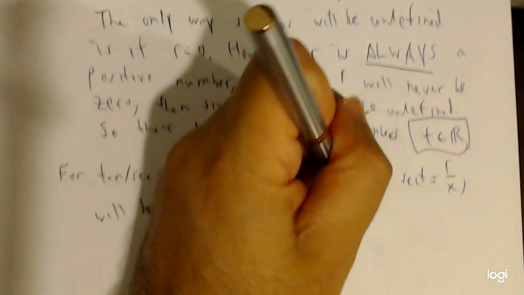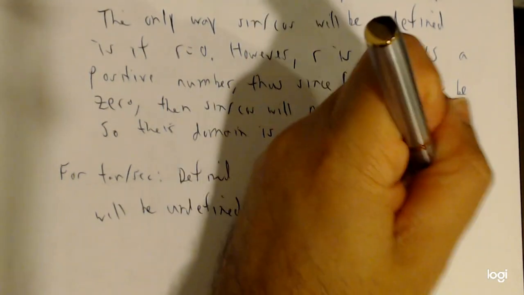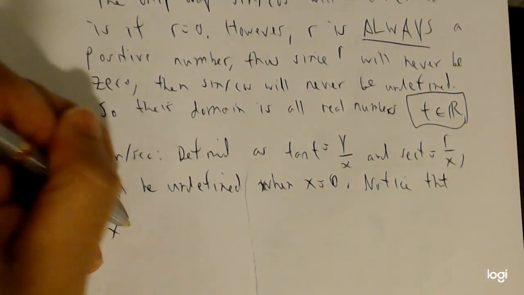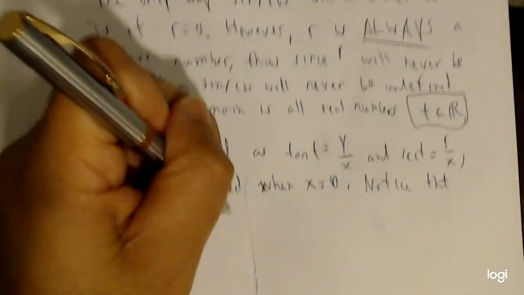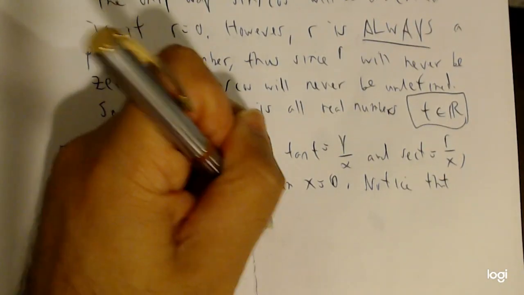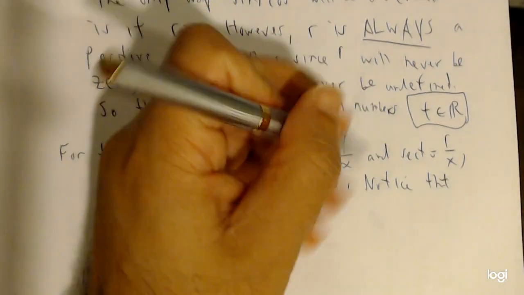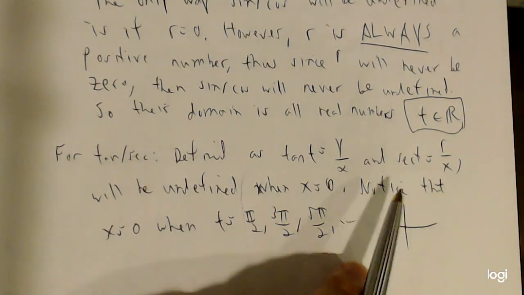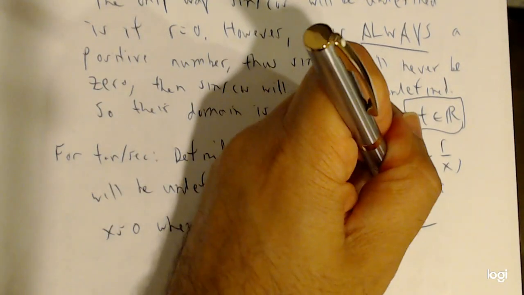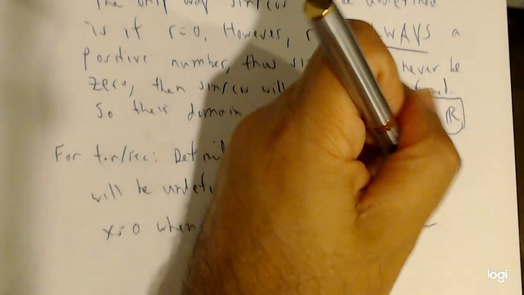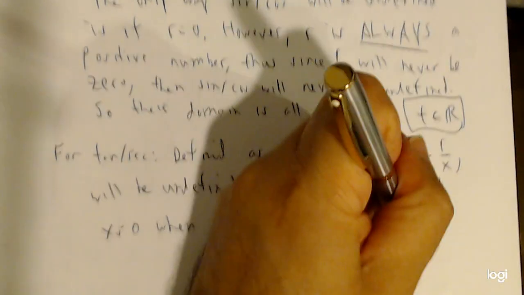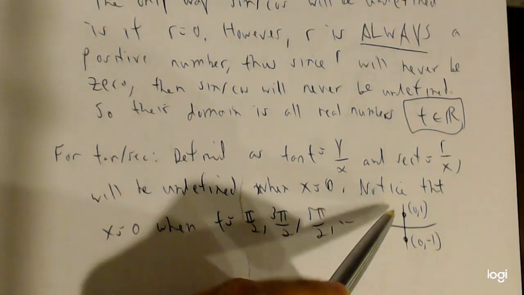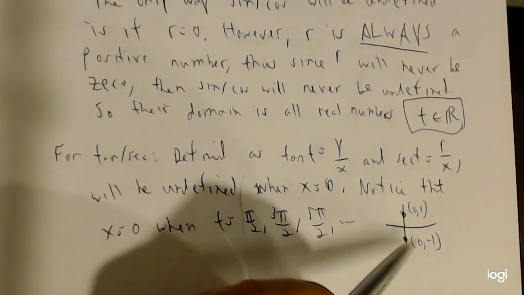So we could say, look, notice that x equals 0 when t equals pi over 2, 3 pi over 2, 5 pi over 2, and so on. And if we look at it graphically, if I were to graph my angles, where would x be 0? x would be 0 when I land up there, because what are the coordinates of that point? 0, 1. Or x would be 0 when I landed down here, which is 3 pi over 2, which is 0, negative 1. So notice how that's pi over 2, 3 pi over 2, 5 pi over 2, 7 pi over 2. Now what do you notice?